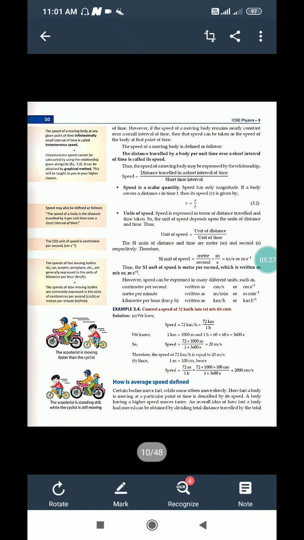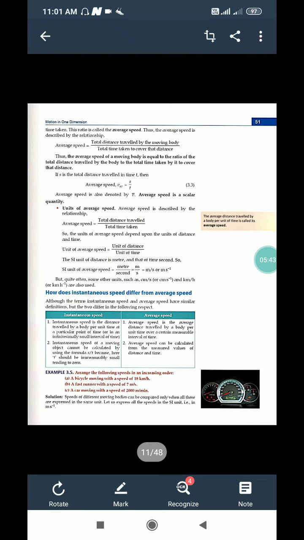Okay, now we will go to average speed. The ratio of the total distance traveled by the body to the total time of the journey is called the average speed. Thus, average speed is equal to total distance traveled by total time taken.